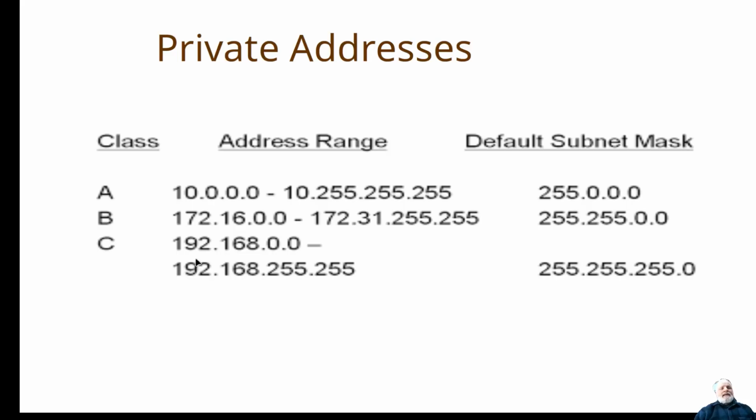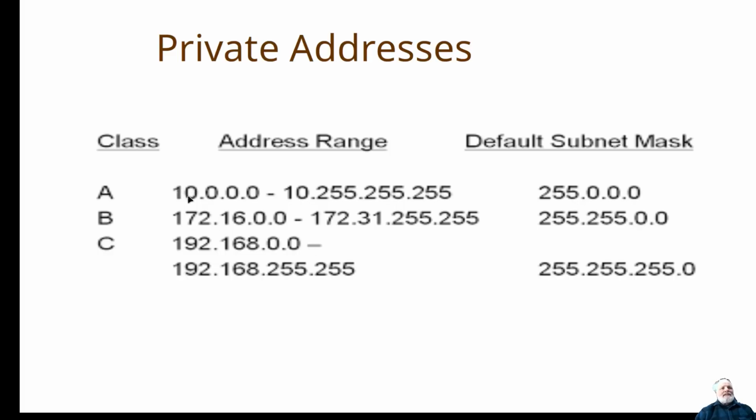So if you look at, say, Class C, if you know what your home network is, you probably have something like 192.168.0.something. Well, the .0.0 is actually the network, and then you would have devices on that network.